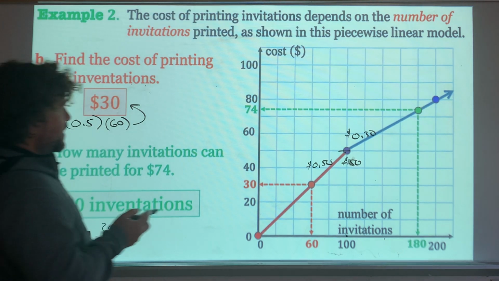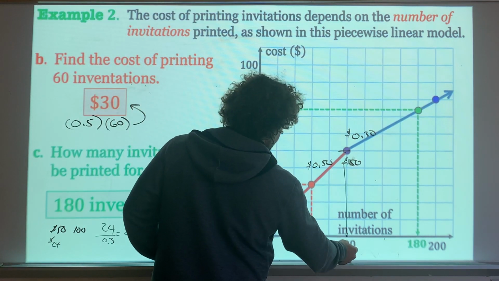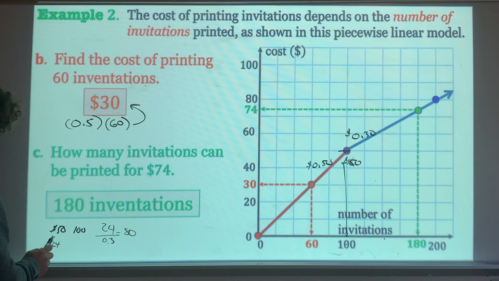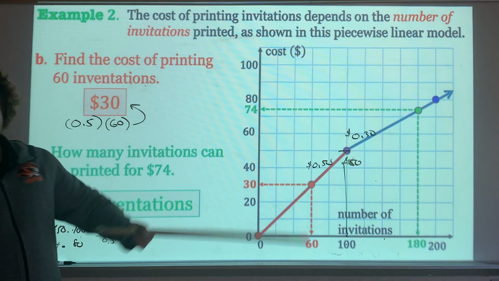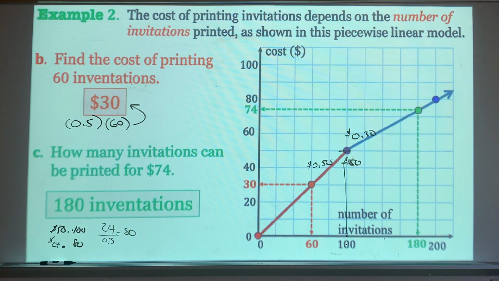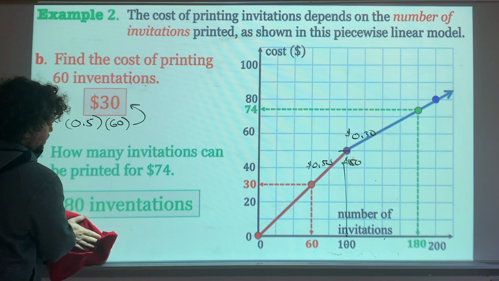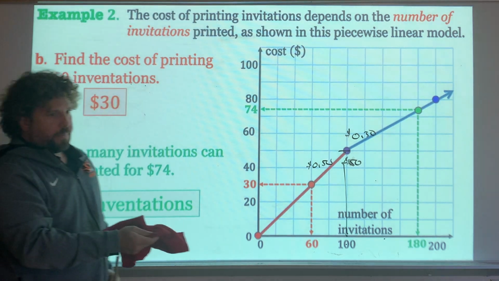I know $50 was for 100 invitations, so the 24 gives you an extra 80 invitations, which is 180 invitations in total. I'd stick with the graph, but it's always good to know how to do things mathematically just as well. Right? Good.